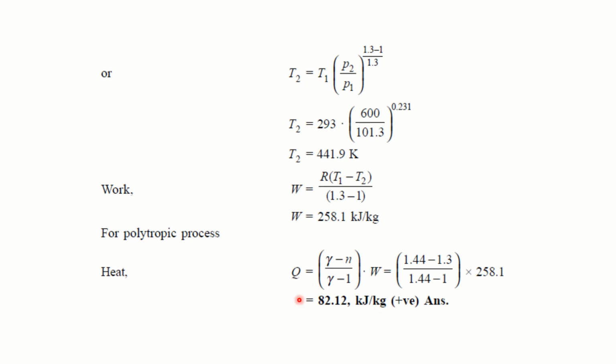I will derive this equation subsequently in the thermodynamic processes chapter. Otherwise, from the first law we can get this, there is no problem at all. So Q is equal to (gamma minus n) over (gamma minus 1) times W. Gamma is 1.4, n is 1.3. Substitute those values and you will be able to get Q. You have W and Q.